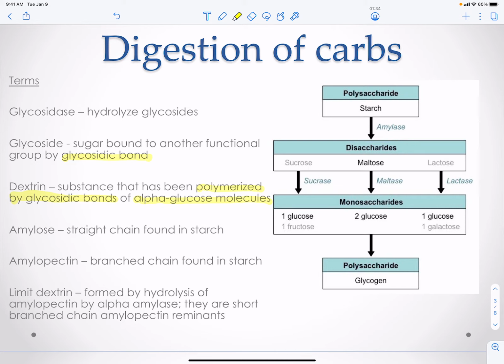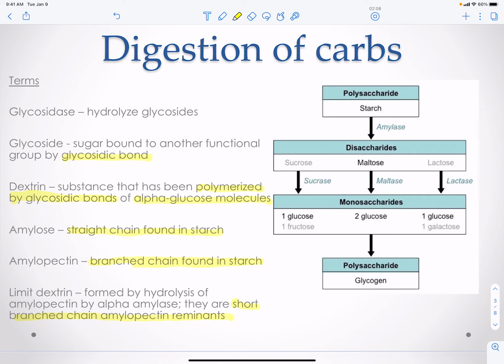Now we have amylose, which is what your dextrin is going to be broken down into, and amylose forms a straight chain of glucose. And we have amylopectin, which forms a branched chain of glucose. Again, it's a product that forms as we break down our polysaccharides, our starches.